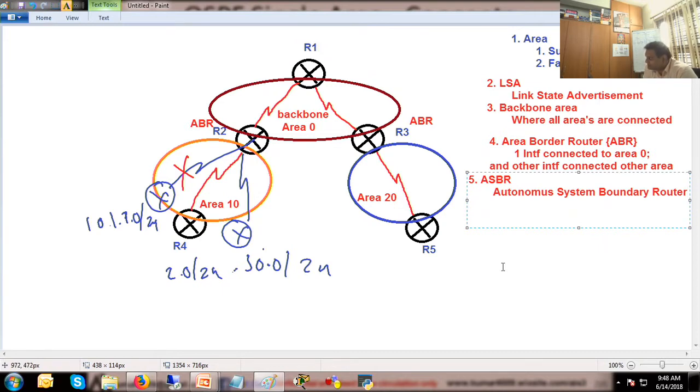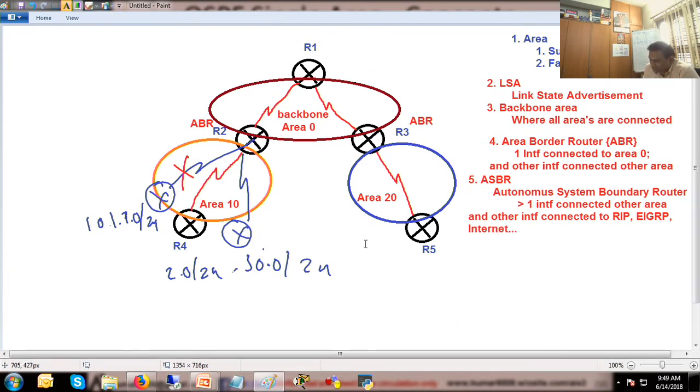This is the router with one interface connected to another area and the other interface connected to RIP, EIGRP, or the internet.